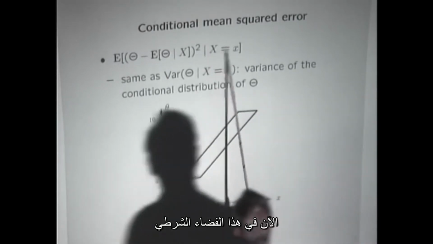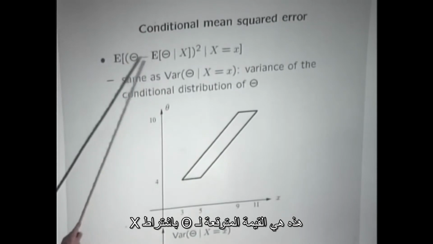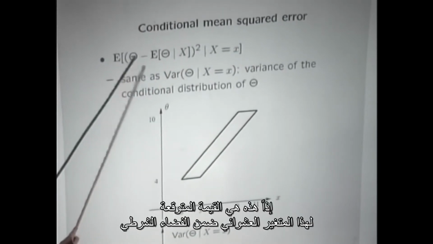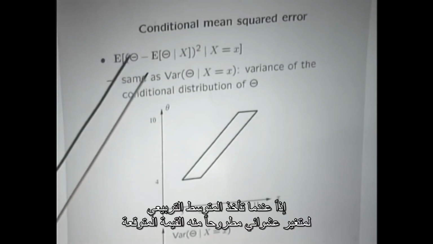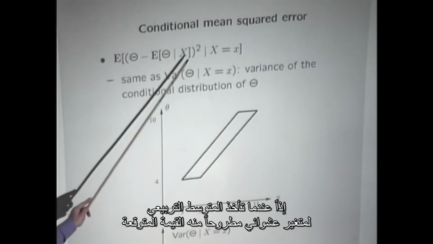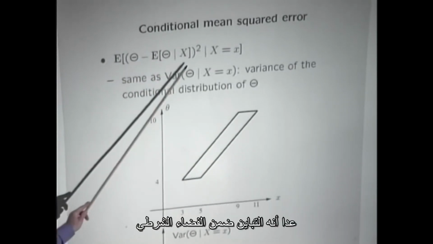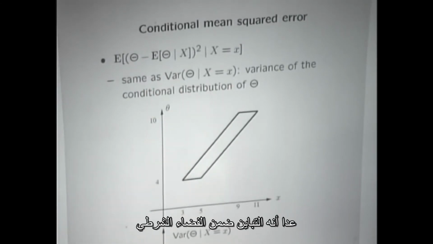Now, in this conditional universe, this is the expected value of theta given x, so this is the expected value of this random variable inside the conditional universe. So when you take the mean squared of a random variable minus the expected value, this is the same thing as the variance of that random variable, except that it's the variance inside the conditional universe.